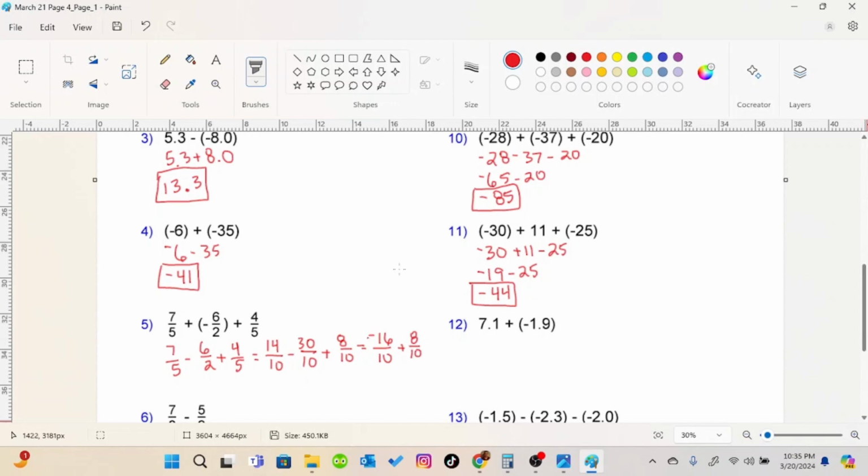And negative 16 plus 8 equals negative 8 over 10, which simplifies to negative 4 over 5.